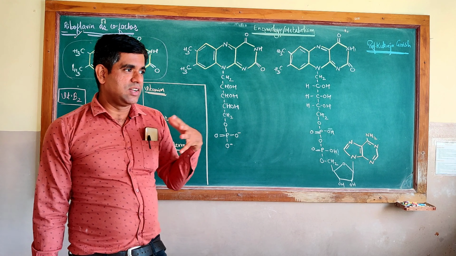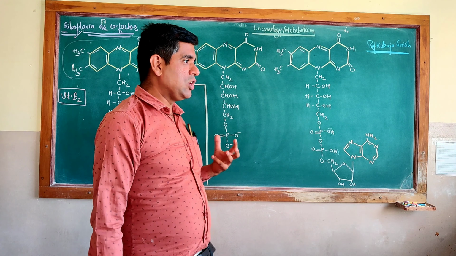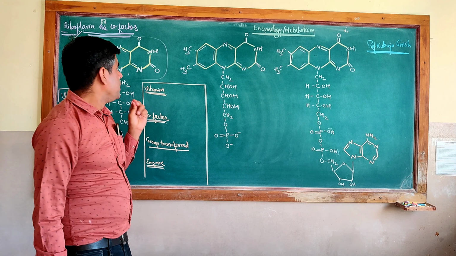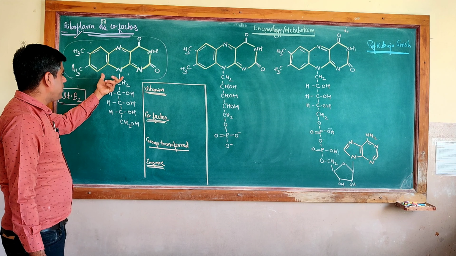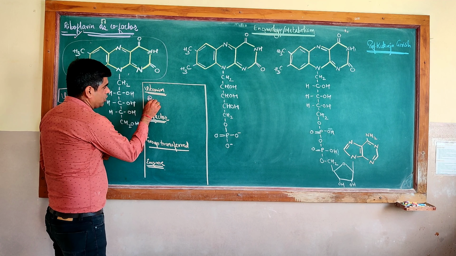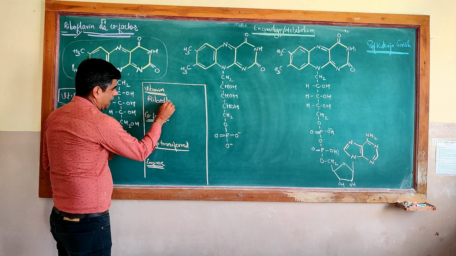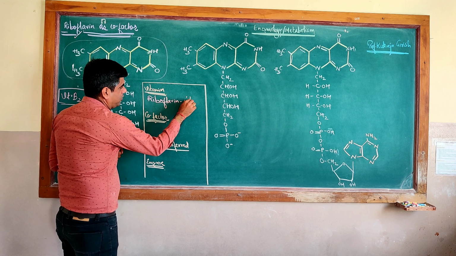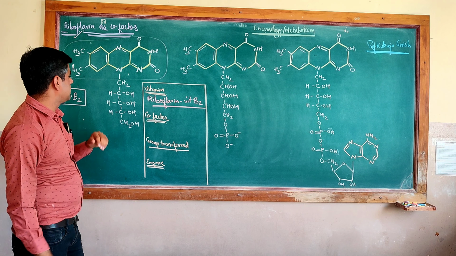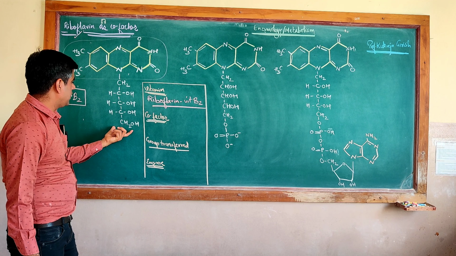You must have seen the yellowish coloration of milk and of the egg yolk. That is because of this vitamin, riboflavin. So riboflavin, or vitamin B2, contains this isoalloxazine ring system and this particular chain.